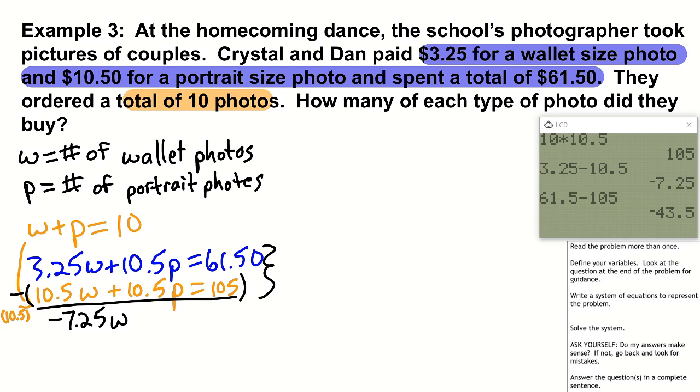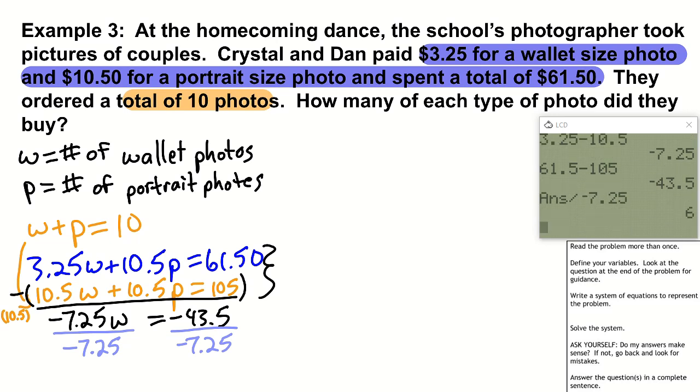So that's going to equal negative 43.5. Now I can isolate the W by dividing by negative 7.25, and I'll get 6. So W equals 6.